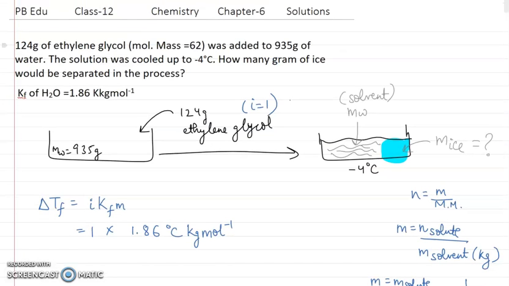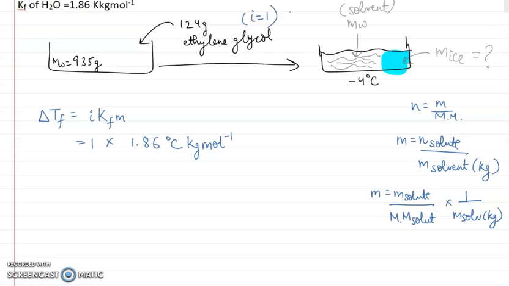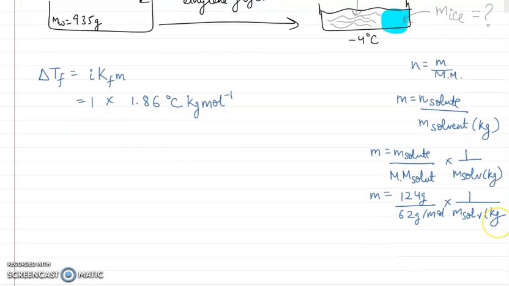So we have the mass of solute, that is 124 gram, molar mass of solute, that is 62 gram per mole. So molality is equal to 124 gram divided by 62 gram per mole, and this would stay like this, mass of solvent in kilogram. So this is the molality.